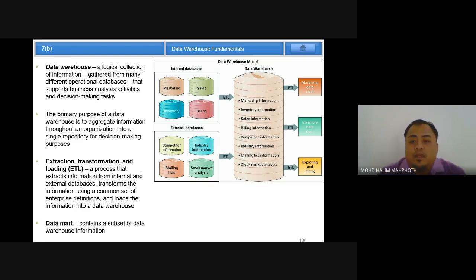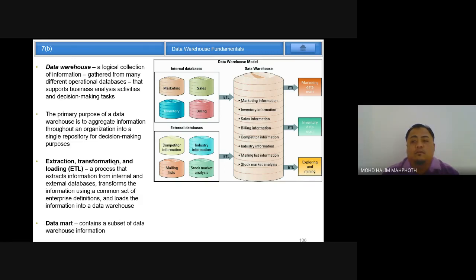All these databases are gathered and compiled into one big data warehouse. Under this data warehouse, we can extract, transform, and load, and segregate it into a marketing data mart, an inventory data mart, or exploring and mining activities.